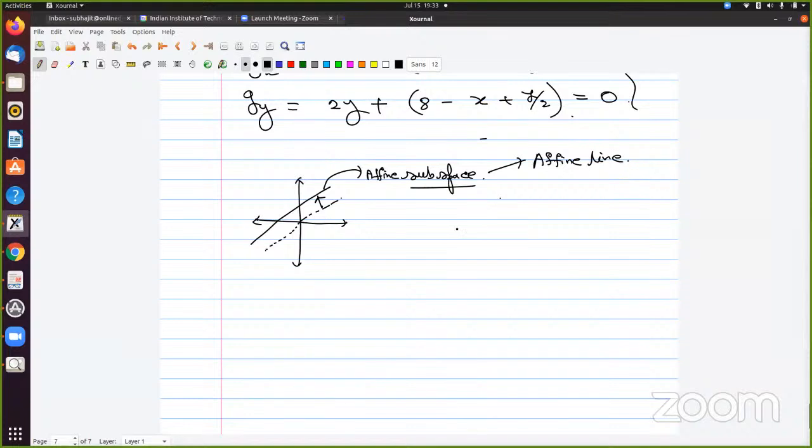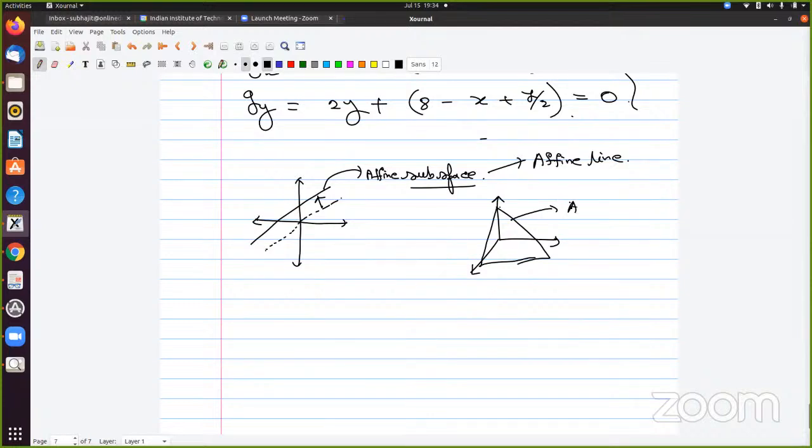So in R3, any plane passing through origin is a vector subspace, a two-dimensional vector subspace. Now, if you translate it, you will get some plane like this. This plane is not passing through origin, but it is a translation of a plane which is passing through origin. We can translate this plane back to the origin, and then you will get the vector subspace.